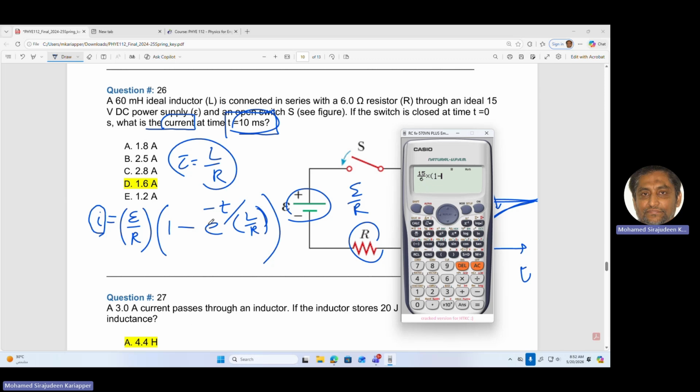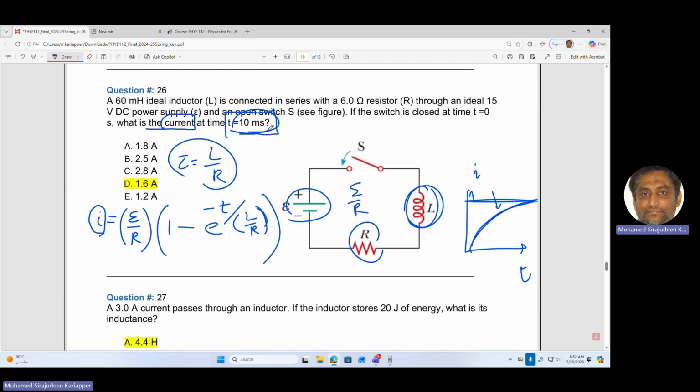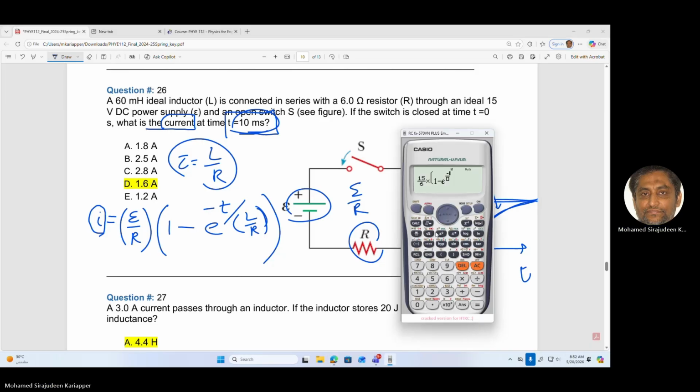How do you get this E to the power? Shift ln, okay, not log. Then you put this again, this up and down fraction. You need the negative sign. Don't forget that. It's very important. Negative sign. Time. Time is how much? 10 millisecond. Yeah. Okay. Yeah, you can do that.